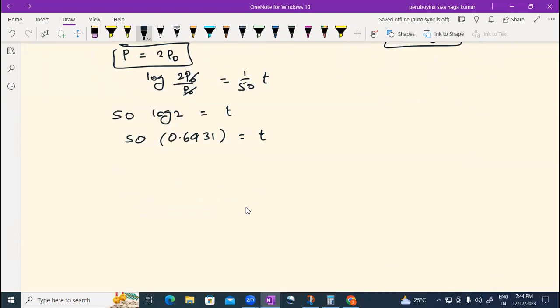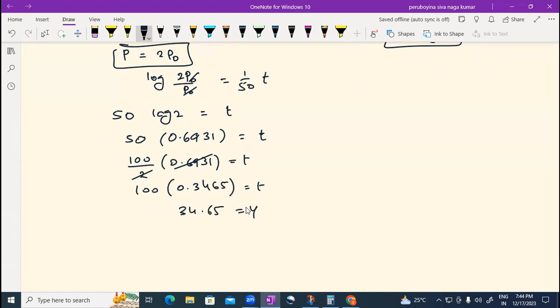What I am doing is just multiplying and dividing by 2. You can write 50 as 100 by 2 into 0.6931 is equal to T. Now cancel this part, so 100 into 0.34655. That's enough. Multiply by 100, and it will be 34.65 years.